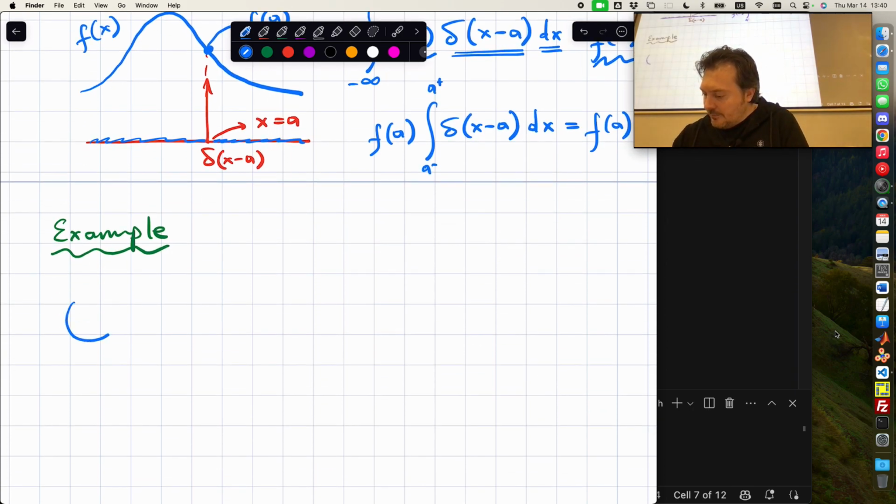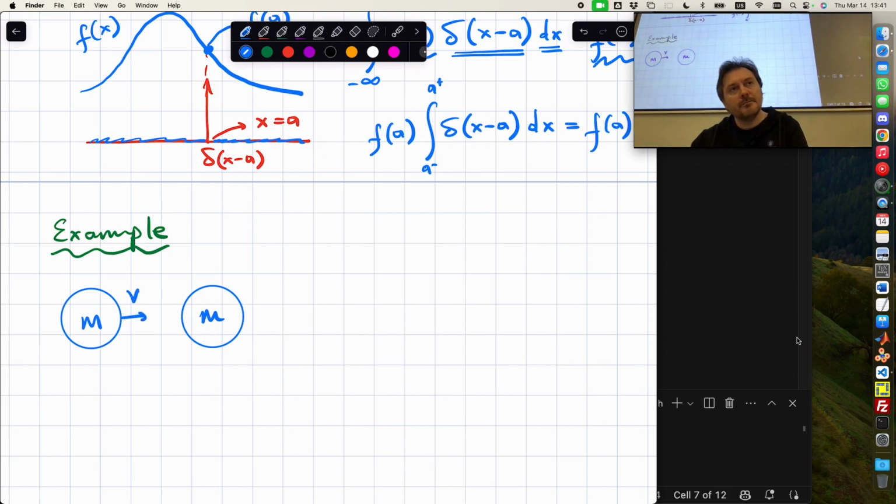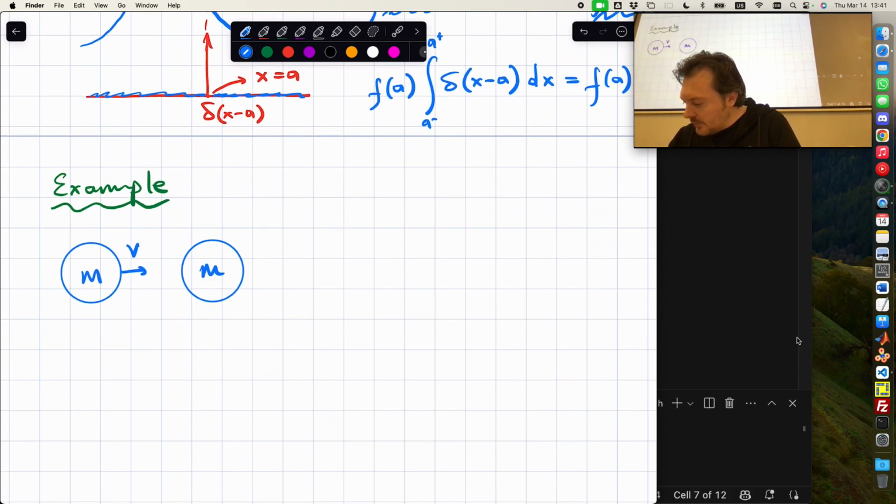Let's say you have a ball, and the ball has a mass m, and there's another ball here. This also has a mass m, and it comes with a velocity v. Okay? So what will happen when they collide?